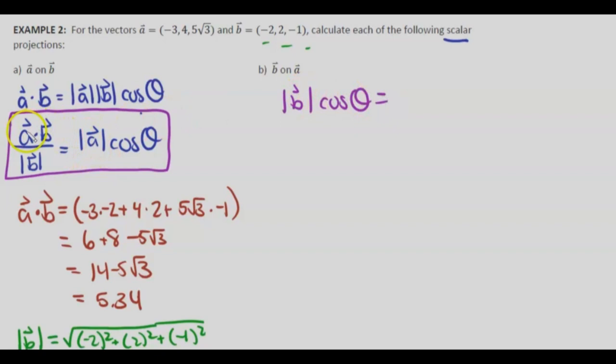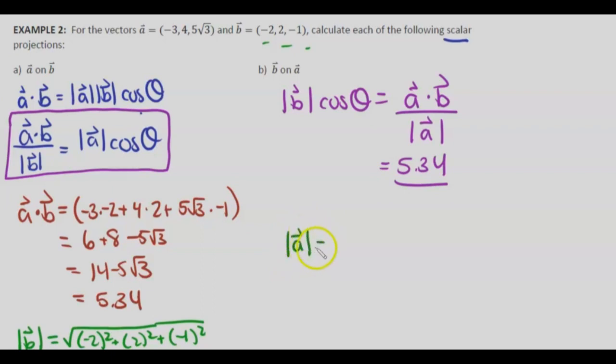And instead of A dot B over magnitude of B, it's going to be A dot B over the magnitude of vector A. We already have A dot B from the previous question, 5.34, and that's going to be divided by the magnitude of vector A, which we don't have yet. So let's do the magnitude of vector A. It's going to be -3 squared plus 4 squared plus 5√3 squared.